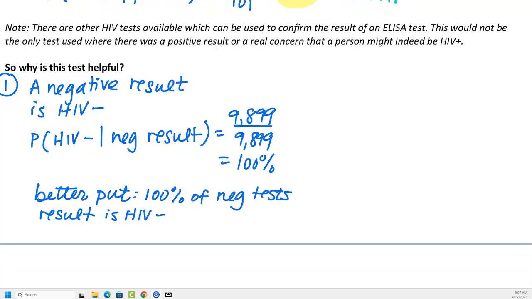So the second thing that I would state here is to remember the ELISA is looking for a bunch of things in one test.